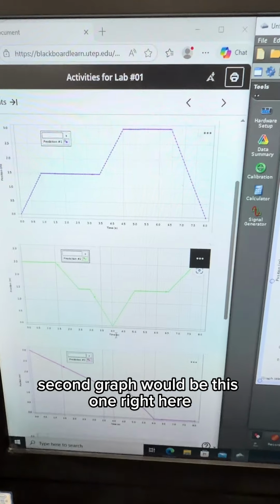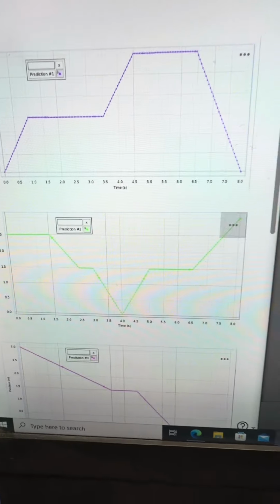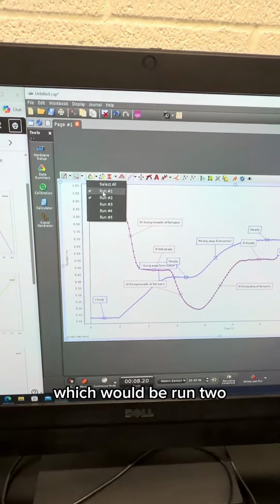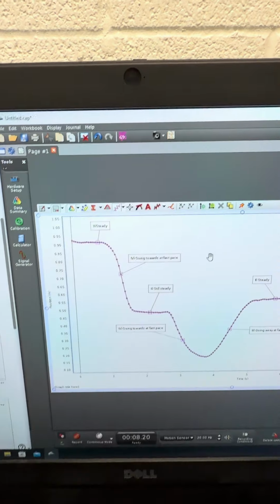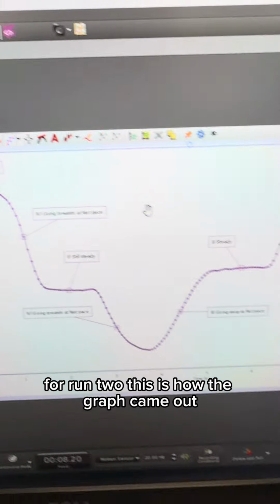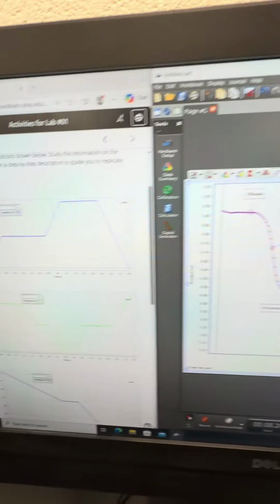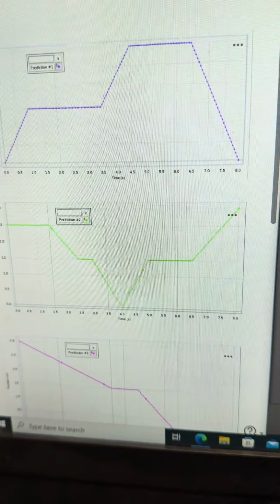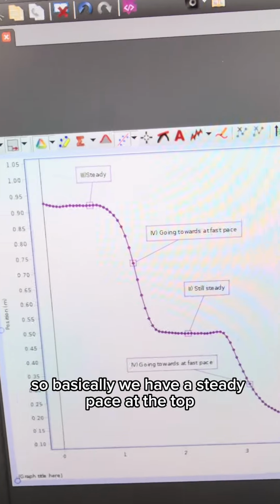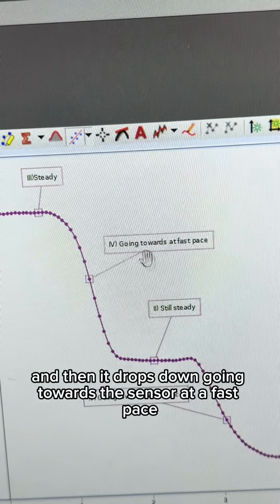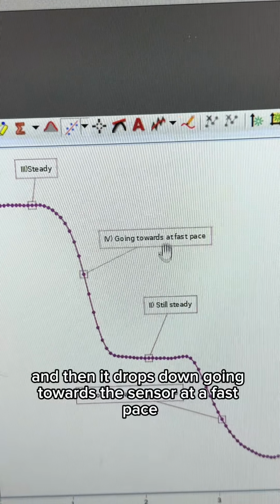Second graph would be this one right here, which would be run 2. For run 2, this is how the graph came out. Basically, we have a steady pace at the top, and then it drops down, going towards the sensor at a fast pace.